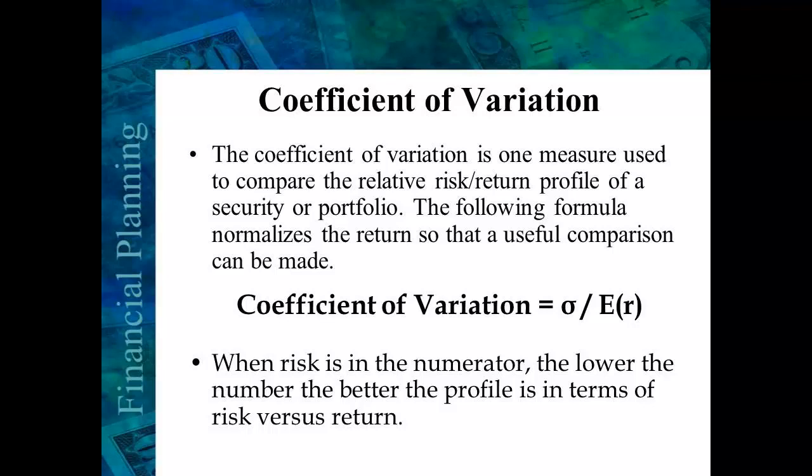When risk is in the numerator, the lower the number, the better the profile is in terms of risk versus return. Similarly, if the measure of risk is in the denominator and the return is in the numerator, the higher the number, the better the return versus risk profile. Let's use the coefficient of variation to compare the expected return and risk profiles of the three examples you just examined.